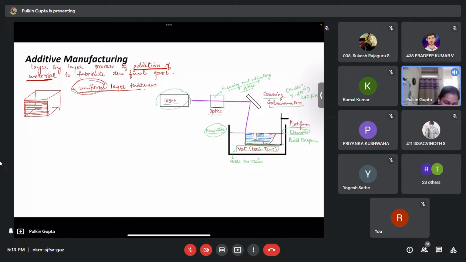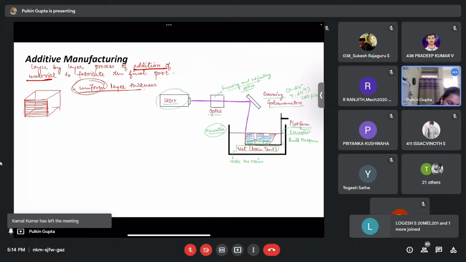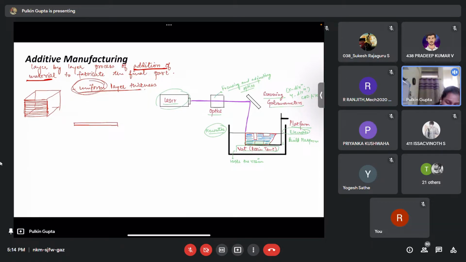Now what the machine will do, it will start building the cube in a layer wise manner. Suppose the material is deposited in the first layer. Then as it solidifies, the material is deposited in the second layer and time is allowed such that it solidifies and then material is added in the third layer.